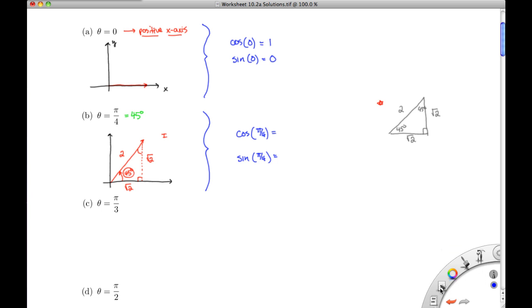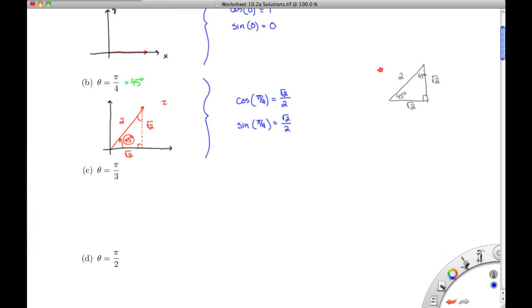So in this case, the adjacent side is the square root of 2, and the hypotenuse is 2. For the sine of 45 degrees, it's the opposite. So the opposite side would be square root of 2, hypotenuse would be 2. So we've got the square root of 2 divided by 2. This is going to be the method of solving these problems that we'll use in the videos.